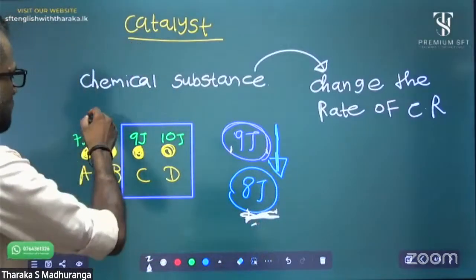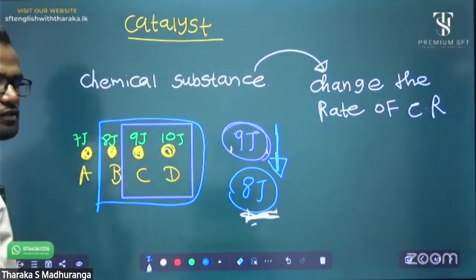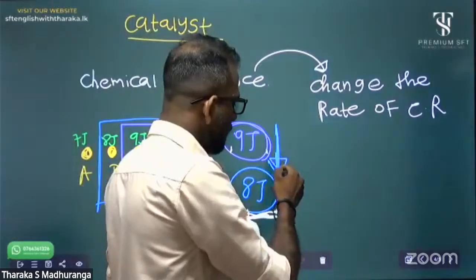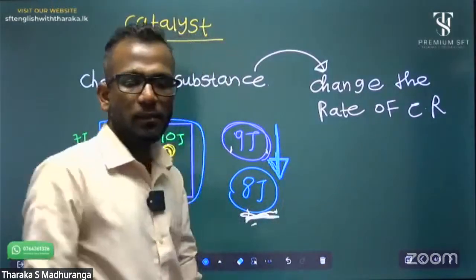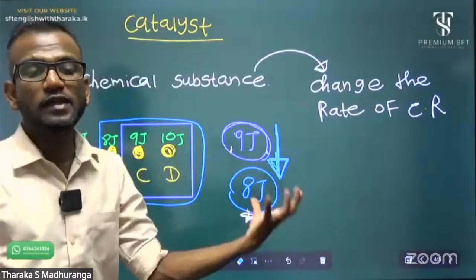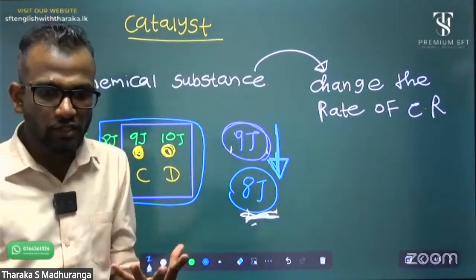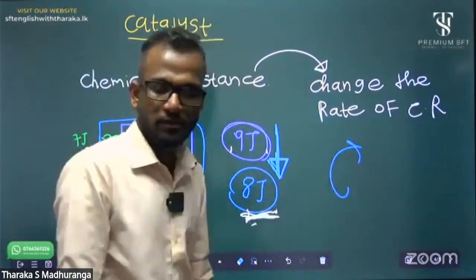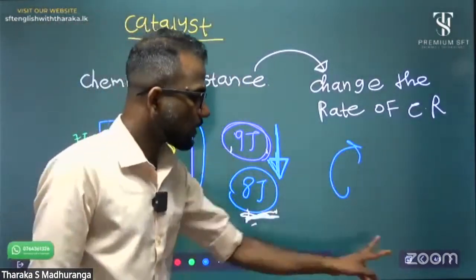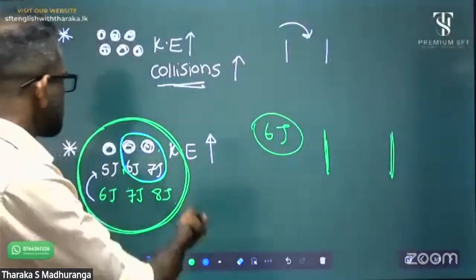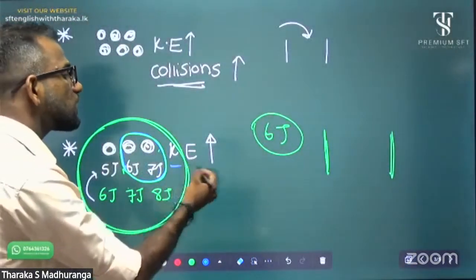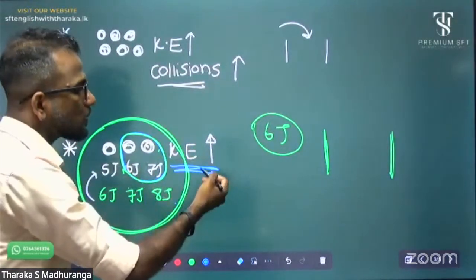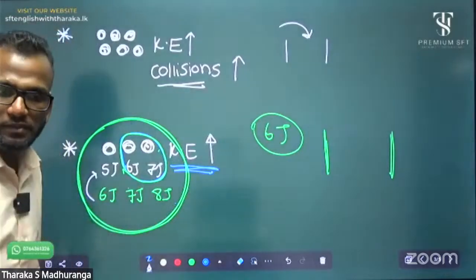Now what happened? B also can participate in the reaction. Then actually by this catalyst, what happened? It decreases the activation energy for any chemical reaction. Compare that with temperature: by temperature increase, the energy level of reactants increases. Then the number of molecules that exceed the activation energy is increasing.